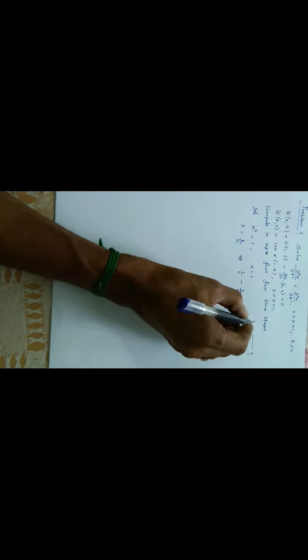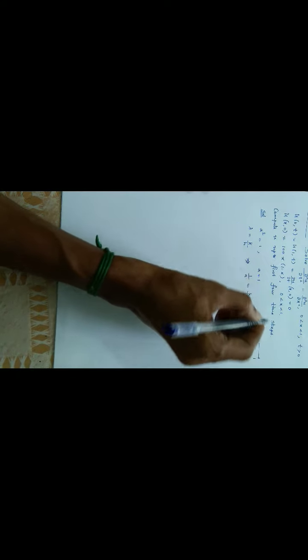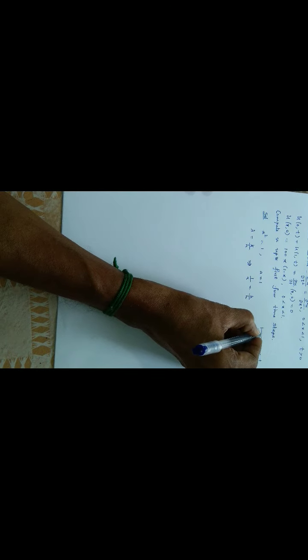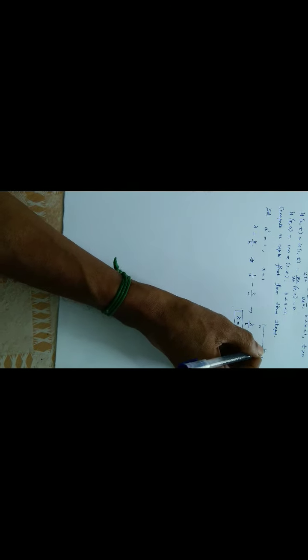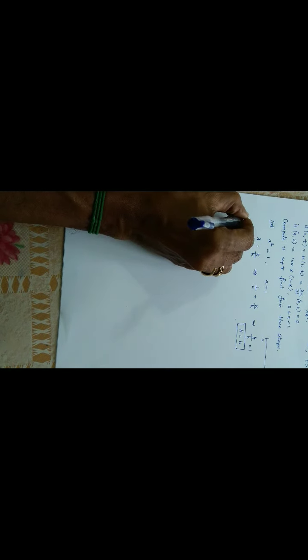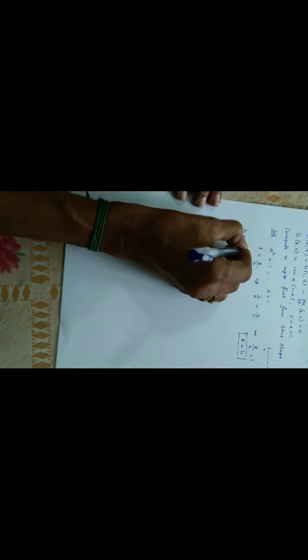Otherwise you can choose step size 0.2: 0.2, 0.4, 0.6, 0.8, 1. So the step size is your choice. Now for calculation, I am taking the step size 0.25. Sometimes it is given in the question paper, or otherwise you have to assume.